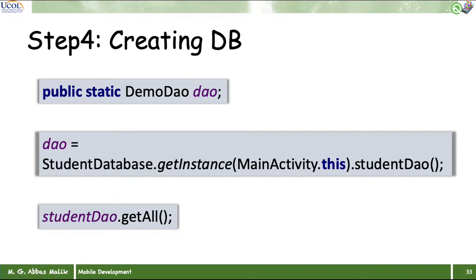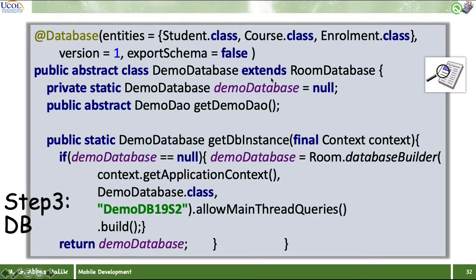And if we look at the database object, inside that database we have this get demo DAO method. From that demo database object, we are calling this get demo DAO method, which has been implemented by the Room compiler or the Room framework for us.